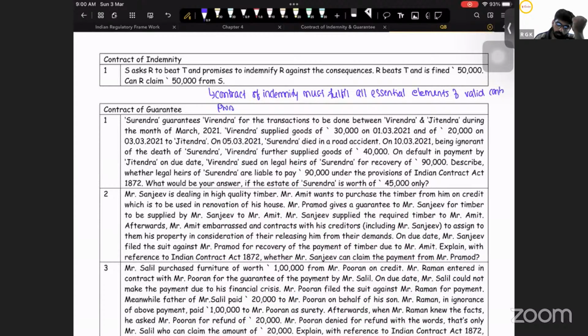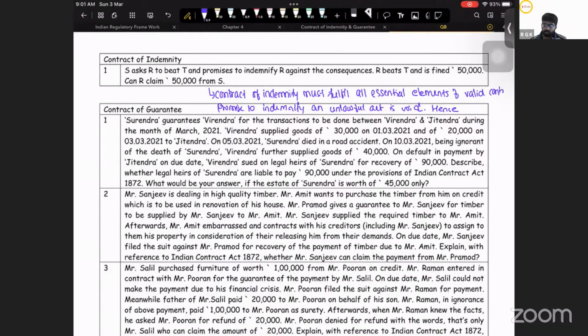A promise to indemnify an unlawful act is void. Hence, R cannot claim 50,000 rupees from S. Yes, R cannot claim because it is an unlawful act.